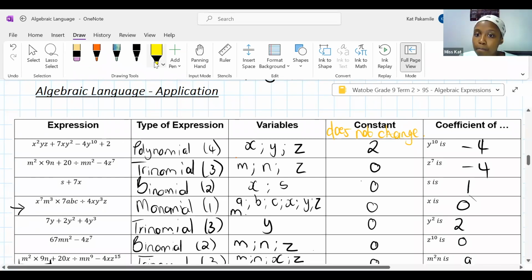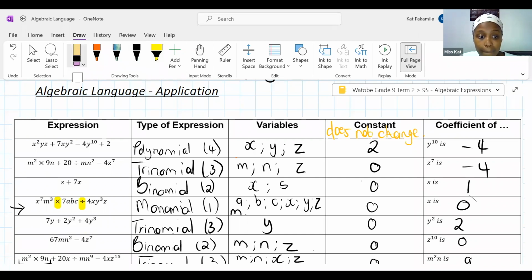Isn't it like signs, like the addition, minus? Addition and subtraction only. Do we have an addition and subtraction here? No, ma'am. Do you see why it's a monomial? Yes, ma'am. There is no separation. This whole thing is just one big long term. Do you see now? Oh, okay. Thank you, ma'am. You're welcome.